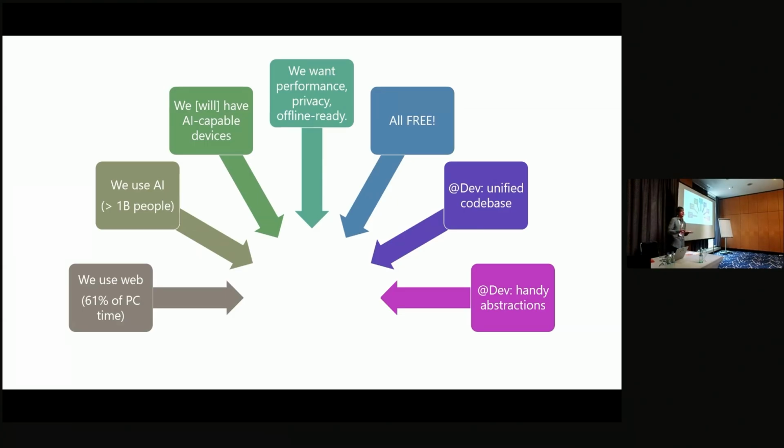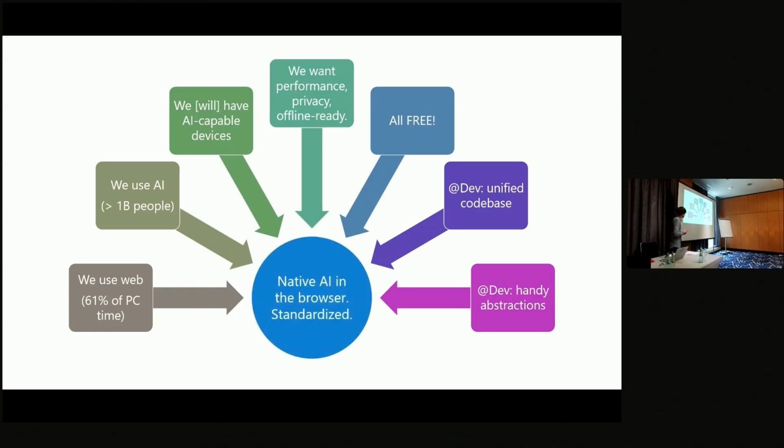That means it would be great to have a comfortable level of abstraction where we are all confident, considering our technical expertise. So all these arrows brought us to the fact that we want to have native AI straight in the browser. We focus on web technologies. This is WebNN after all. And of course, standardized. We don't want to write new code for every new browser.